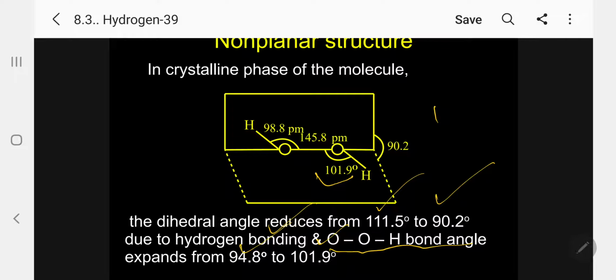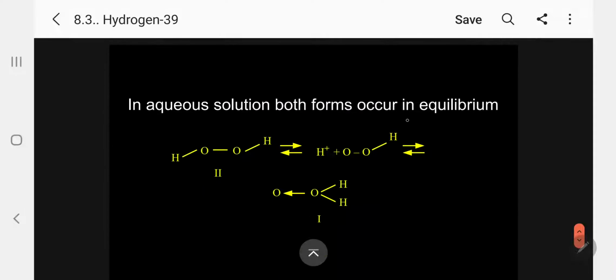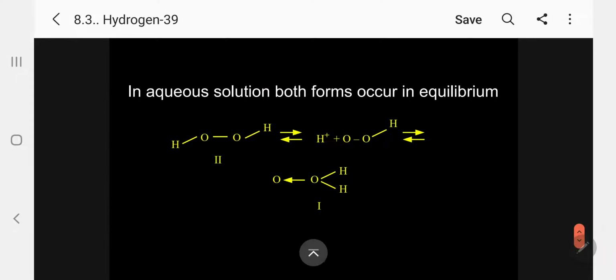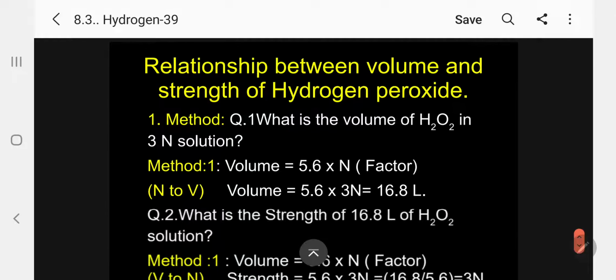So this angle also increases, kindly follow, in the crystalline phase of the molecule. In aqueous solution, both forms occur in equilibrium.